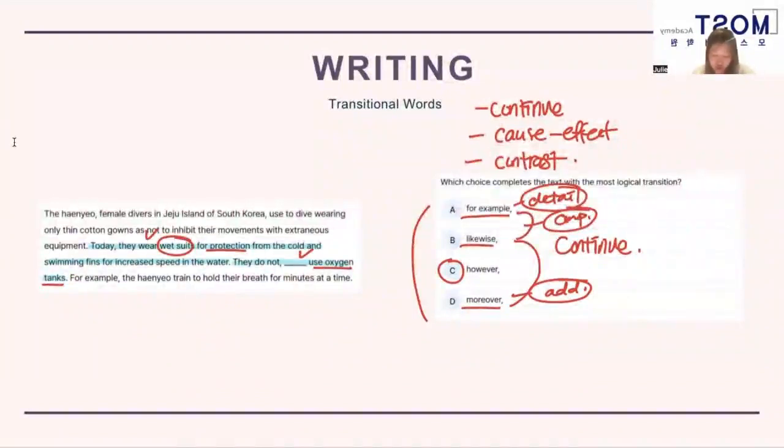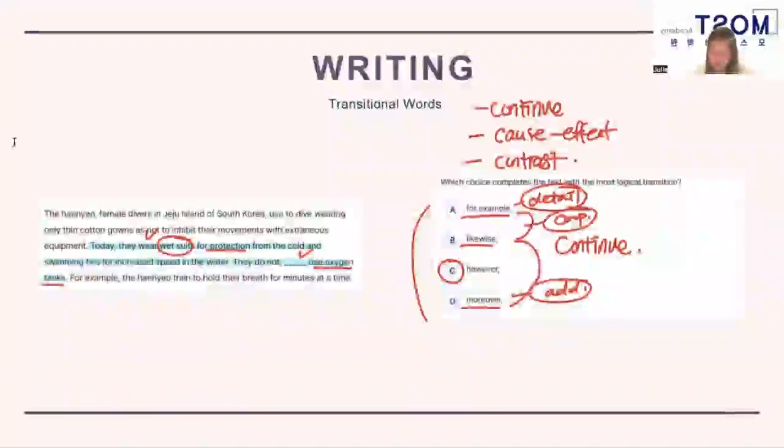Sometimes, if we're unsure what kind of connection these two sentences have, what I would do is go to the answer choices. Within cause and effect and contrast, the words are pretty much broadly the same in terms of meaning, so there is no real branching out into different types.